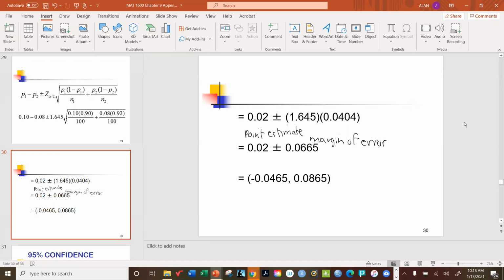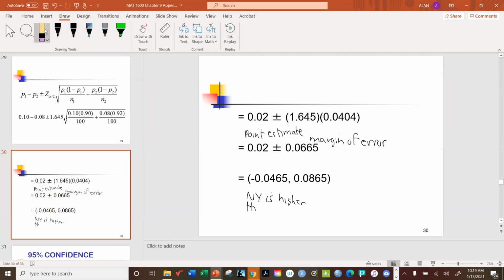So the actual range here is between negative. Now negative here means that New York is higher than California. In fact, about 4.65% higher. So yes, this number can be negative because it refers to the difference between the two.